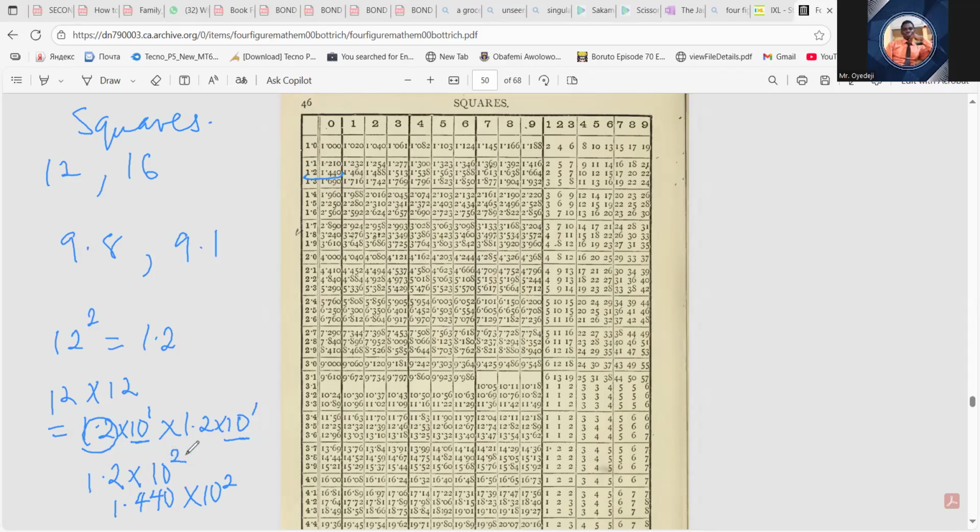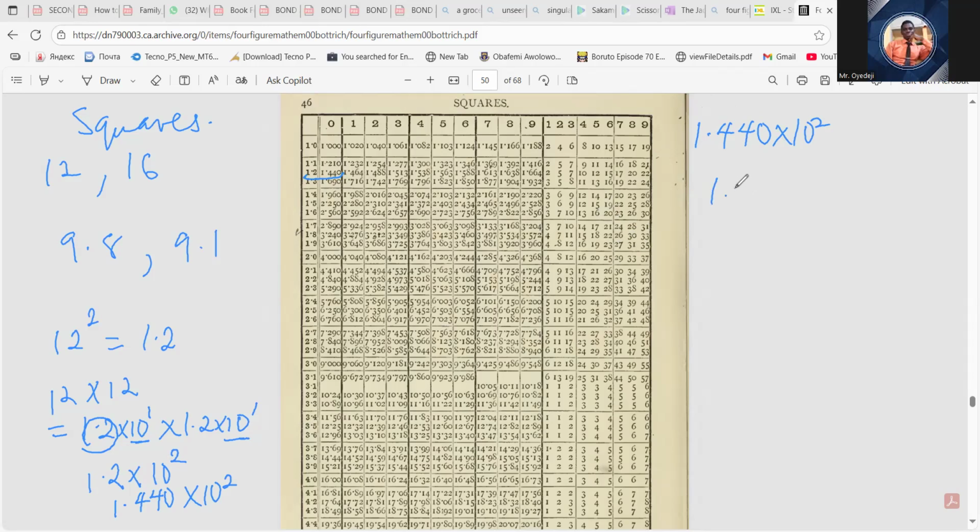So that's just for us to expand now. For us to expand, let's move to this side to do that. Let's say we have 1.440 times 10 raised to power 2. We are looking for the square, rather. So all we have to do now is multiply to get our answer.